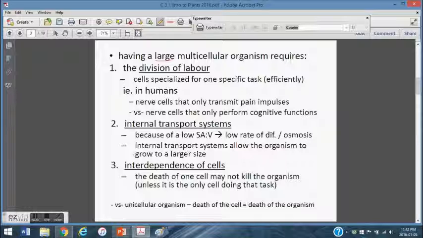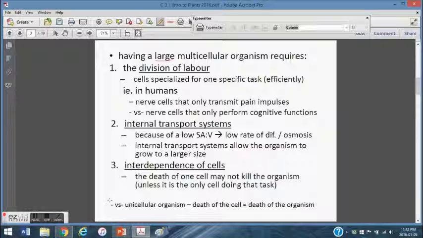Okay. And the third thing that we need to have is the interdependence of the cells. Now, this means that the death of one cell may not kill the organism, like I was saying before, where sometimes, in fact, you have to have a cell die for the rest of the organism to properly survive.